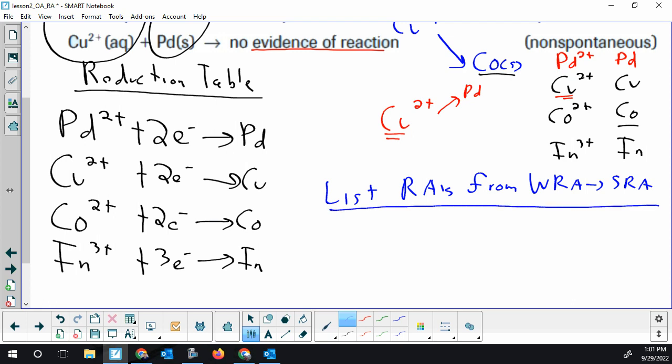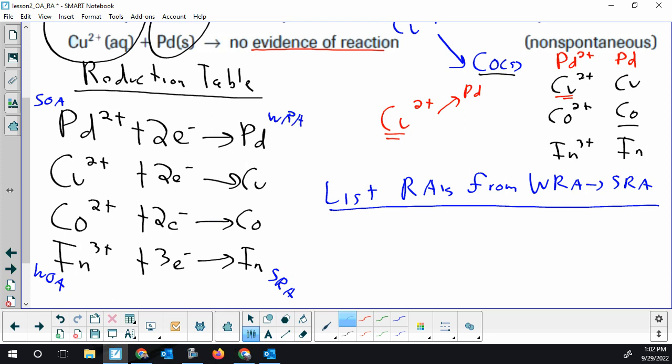I'm trying to let you think, what column is that and where do I find the weakest? So what's our pattern? The strongest OA is top left. The weakest OA is bottom left. So those aren't our answers. Those are OAs. Reducing agents: the strongest is on the bottom. The weakest reducing agent is on the top.